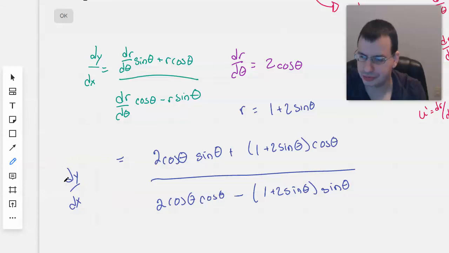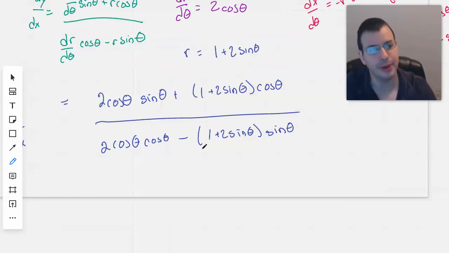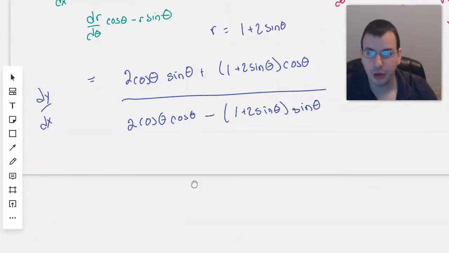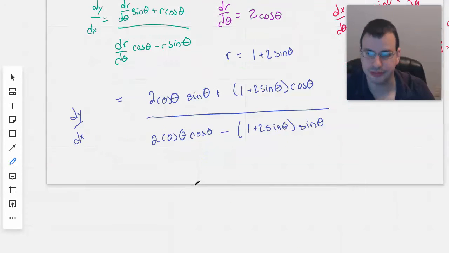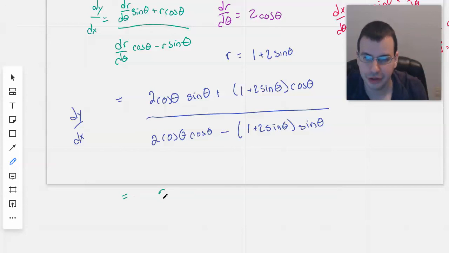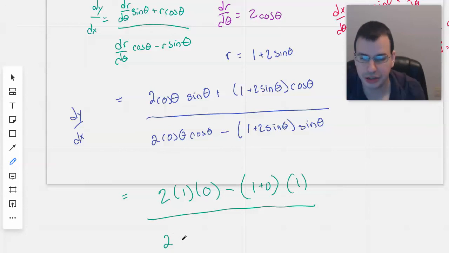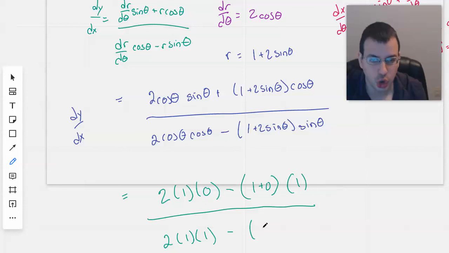Okay, so this is our slope for this polar equation. Not parametric, polar. Parametric is when you have a dummy variable, t, so to speak. Now we need to plug in 0. So we have 2 cosine of 0, which is 1. Sine of 0 is 0, minus 1 plus 0 times 1, all over 2 times 1 minus 1 times 0.